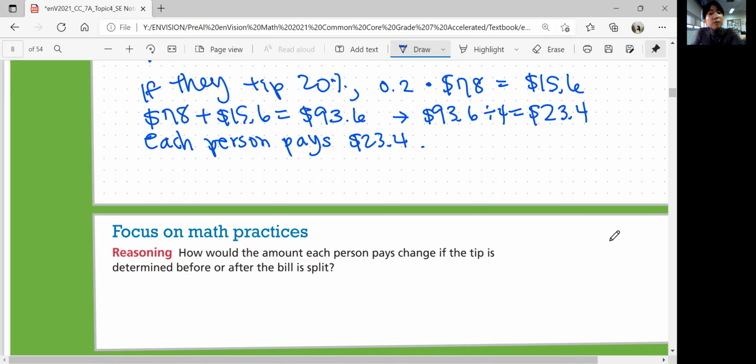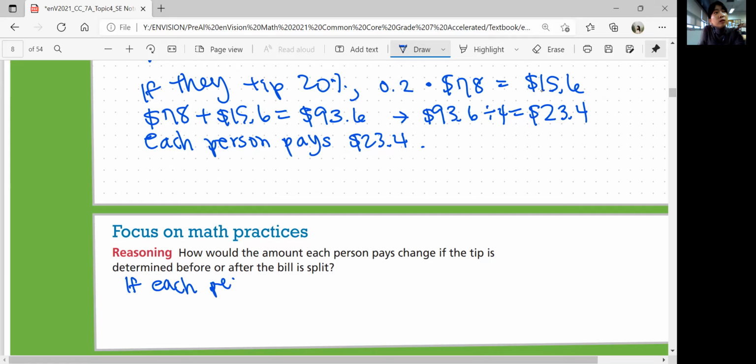If each person tips the same percentage, then the percentage for 23.4 for each person would add up to the same percentage total, right? Then the amount each pays will be the same, whether they determine the tip before or after the bill, because it's a percentage. Okay, that's how percentages work.